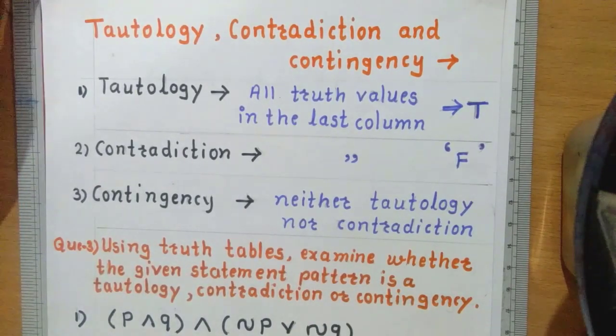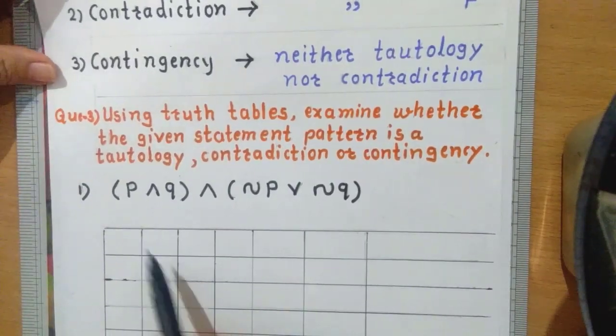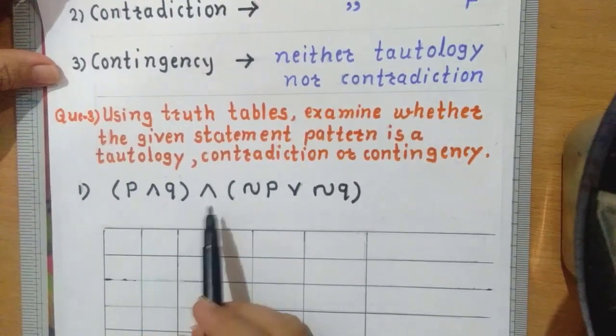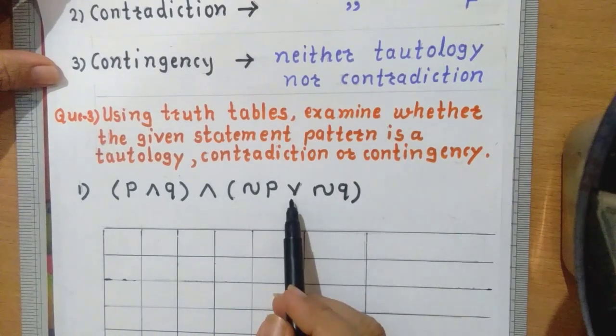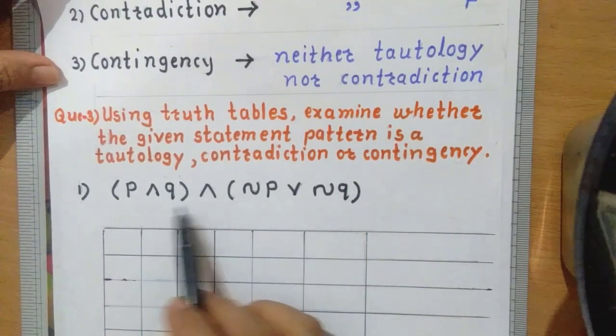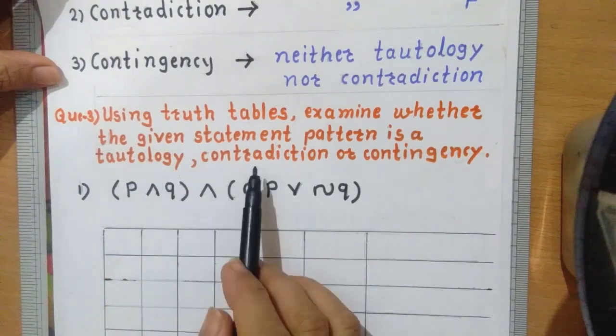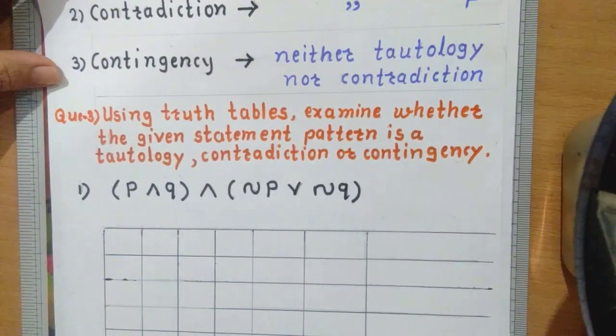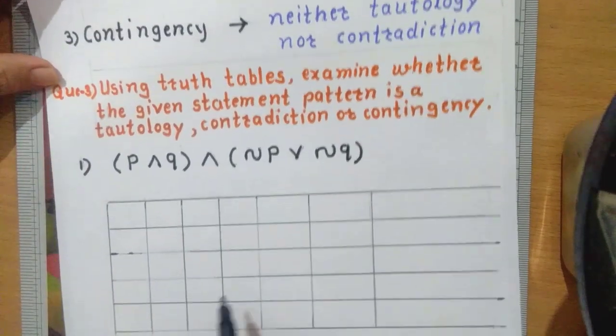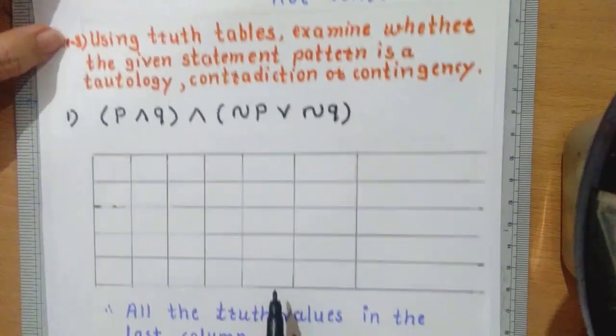Question number 3 from exercise 1.2, and the first one is P conjunction Q, conjunction, negation P disjunction negation Q, and we have to check whether this statement pattern is tautology, contradiction or contingency. So by our regular way we will first find the truth table.